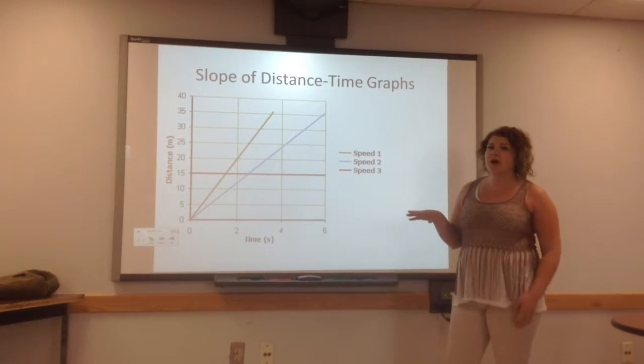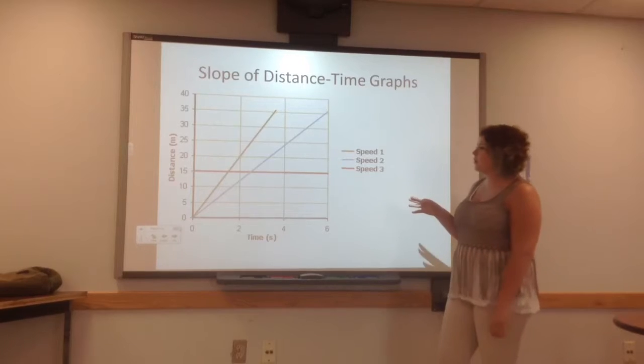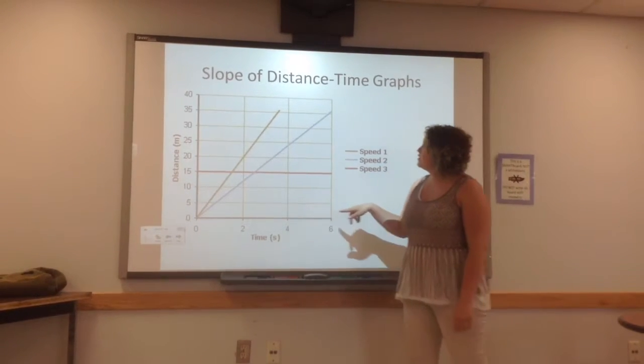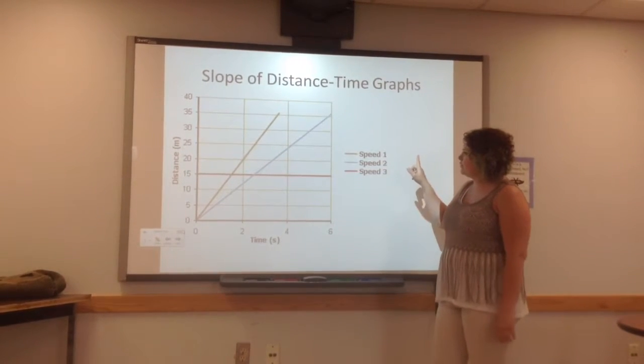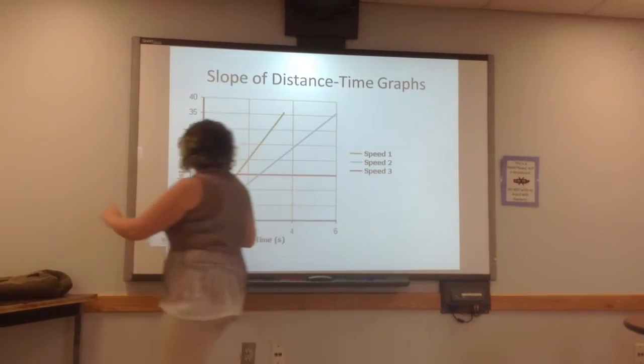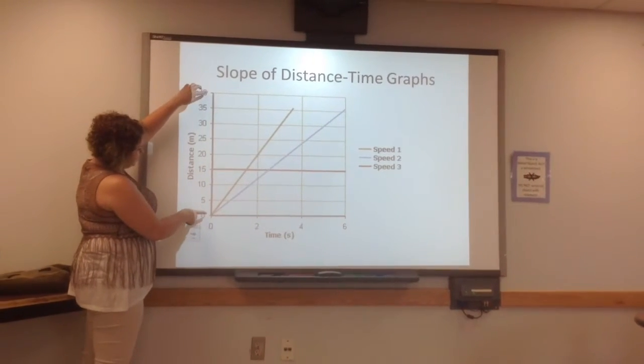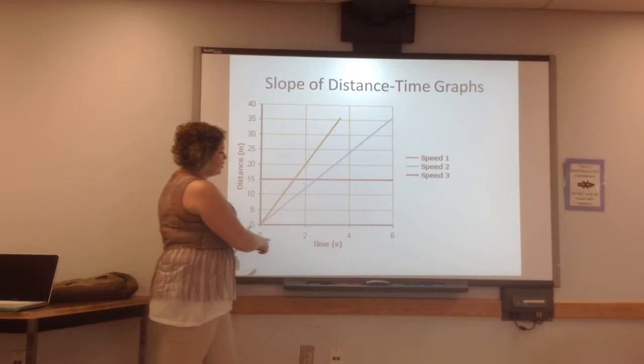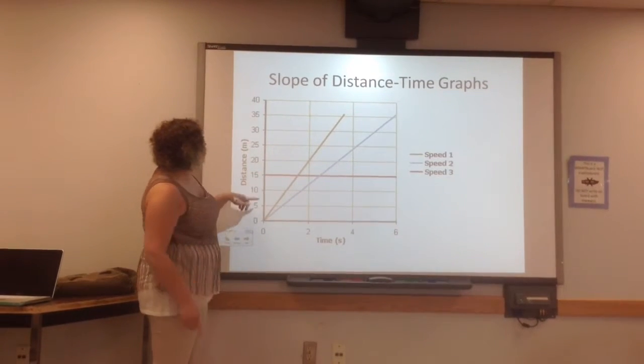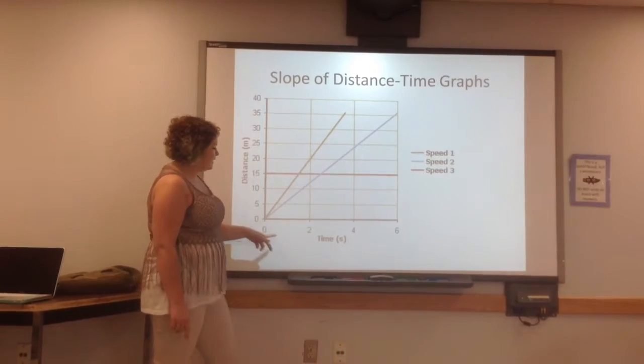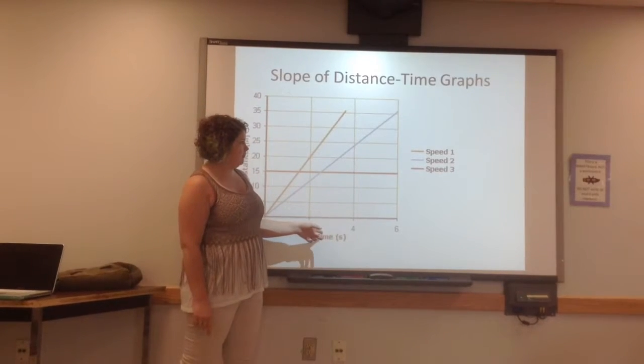we use slope a lot in physics or when we're looking at graphs. So when we have a distance-time graph, and a distance-time graph just means that we measure the change in distance here over time. So our y-axis is distance and our x-axis is time.